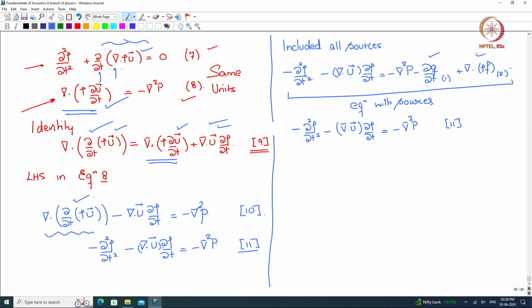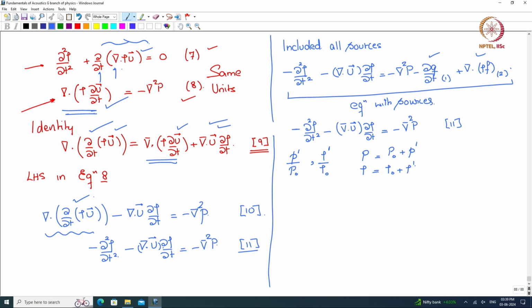Now as we said, there is this acoustic perturbed pressure which is much smaller than the mean pressure. We said there is this perturbed density which is much smaller than mean density. So what we are going to do is the total pressure P we represent as P0, the mean, with the perturbation P dash. The total density rho I represent as rho 0 plus rho dash, the perturbed density.